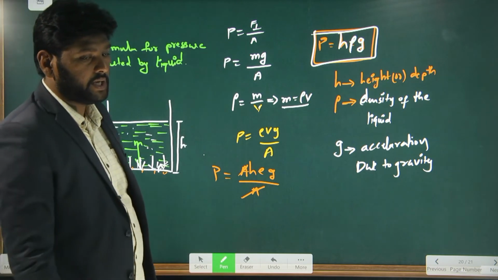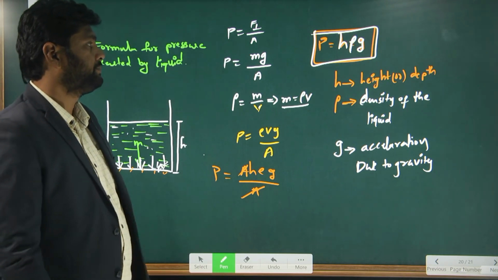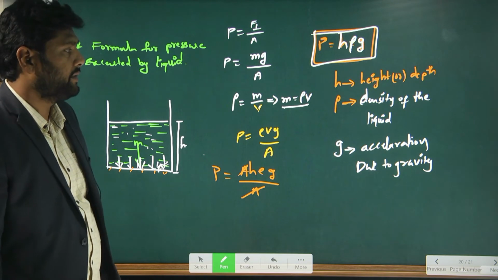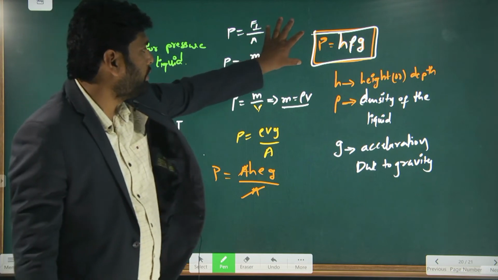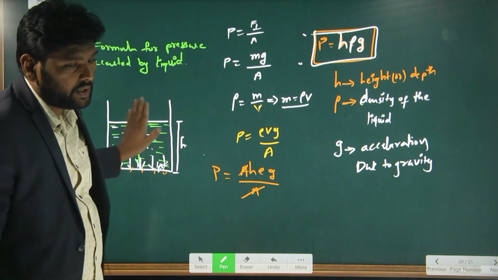H means height or depth of the liquid column, rho means density of the liquid, g is the acceleration due to gravity. This formula gives only the pressure exerted by the liquid.